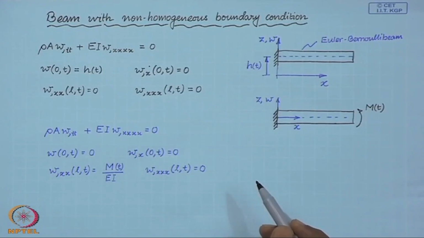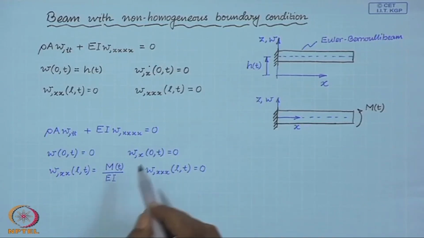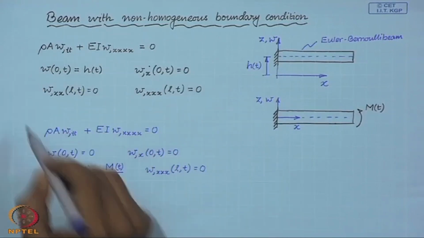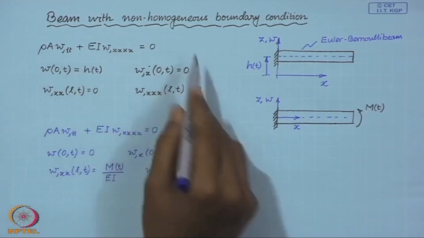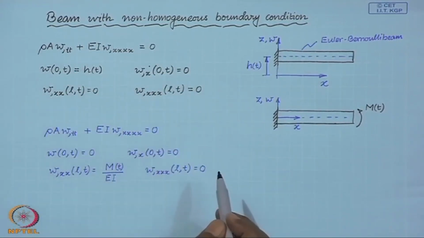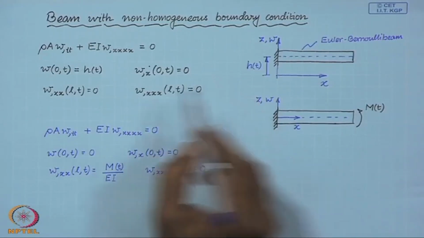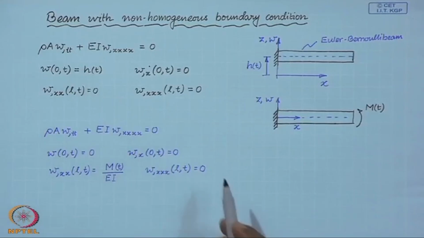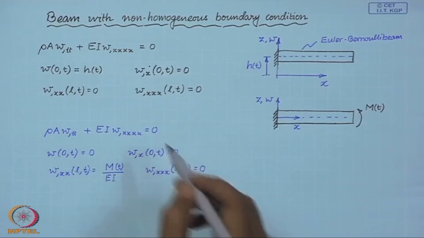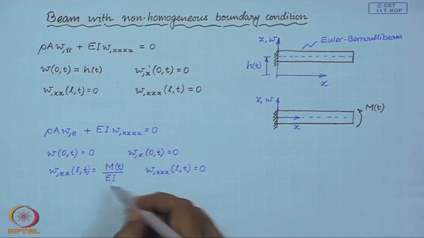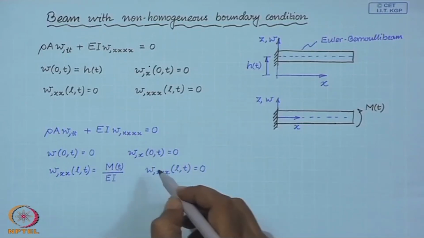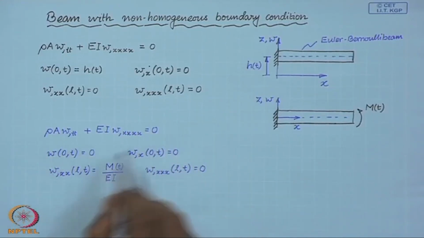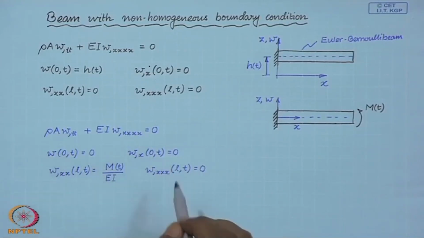So, we are going to first discuss this kind of system where we have boundary excitation in terms of displacement. When you have forces, again it is possible very easily to include this force in the equation of motion, and then we can treat it as a system with homogeneous boundary condition.